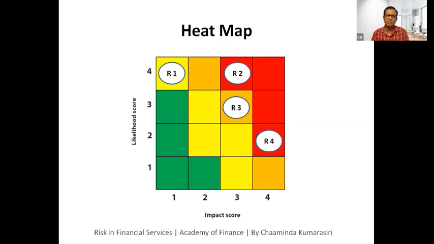The next one is R3. The risk of R3 is lower than R2 and R4, and the risk of R1 is even lower than that. So this will help you when you identify different risks and do this exercise and map your risk in each cell depending on where it fits. You will identify the relative standing of all these factors. What are high risk items, what are low risk items, all that can be understood. That's the idea of this analysis.